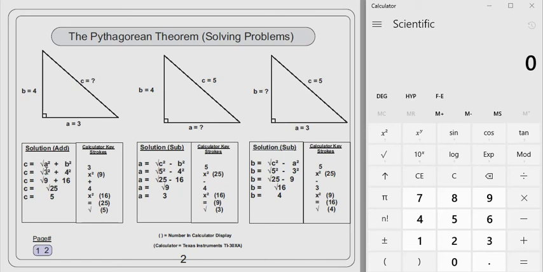So the formula from the previous page tells me that the linear value of C is equal to the square root of a squared plus b squared.